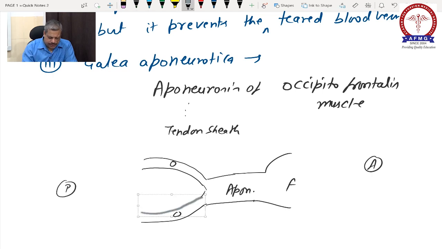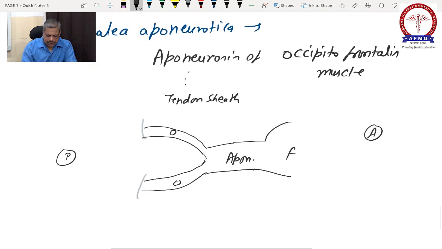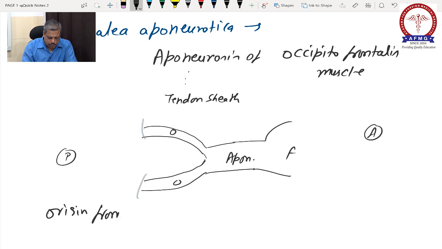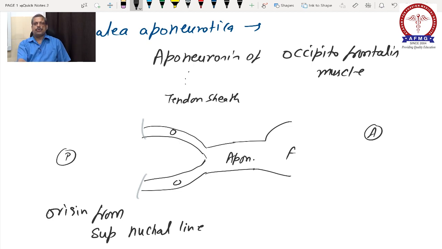Posteriorly, this muscle takes origin from the superior nuchal line. Remember, I have shown you the superior nuchal line at the level of the external occipital protuberance, which gives origin to the occipital belly of occipitofrontalis muscle.